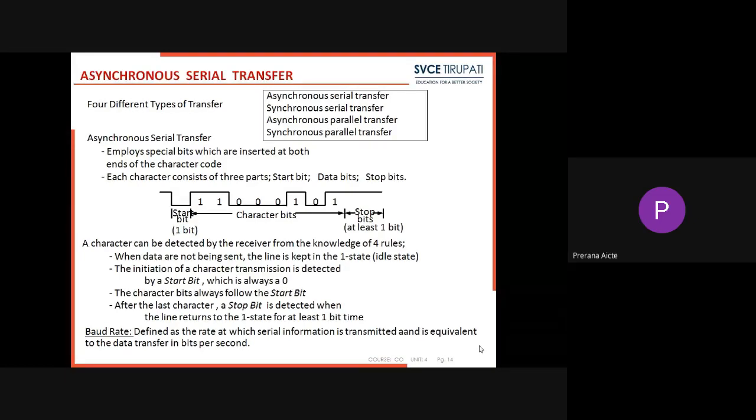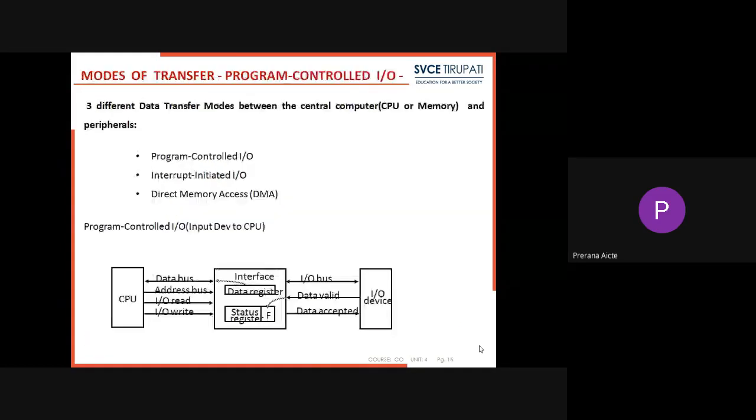The fourth rule, after the last bit of the character is transmitted, the stop bit is detected when the line returns to the 1 state for at least one bit time. So using these rules, the receiver can detect the start bit when the line goes from 1 to 0.